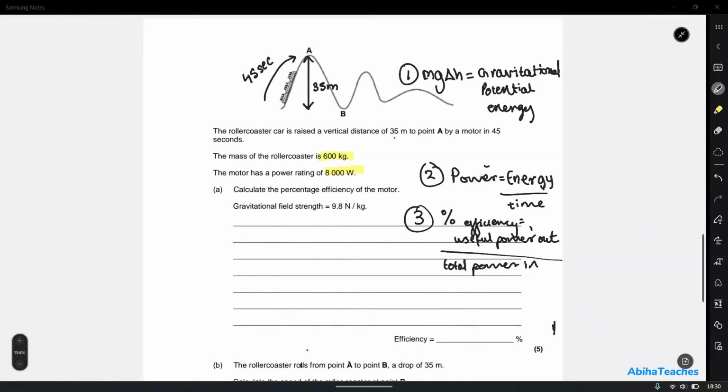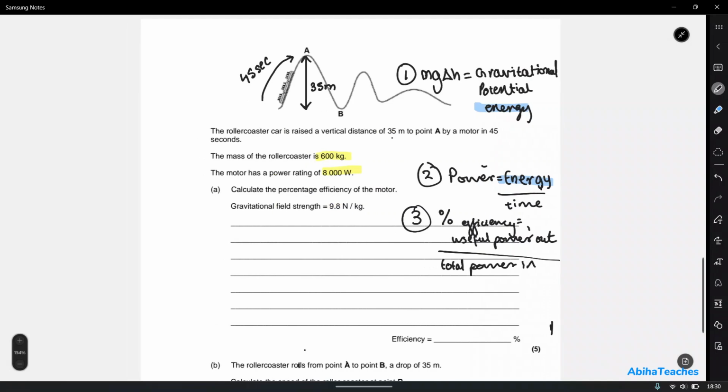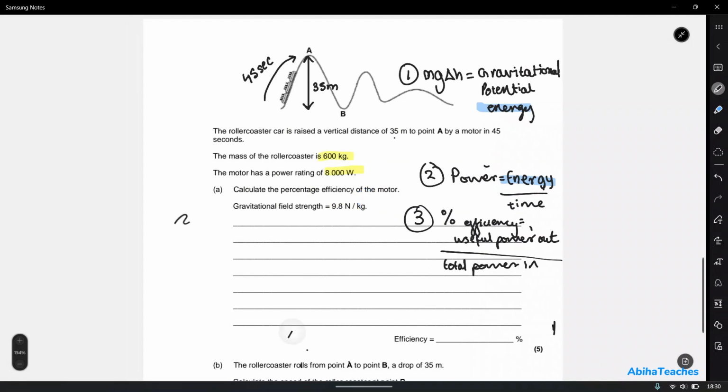In order to do this question, we need to work out the gravitational potential energy. Once we have worked out the gravitational potential energy, we will use this energy and substitute it in our power formula. And once we do that, we will work out the power and use the power to work out the percentage efficiency. So let's start off. To work out the actual gravitational potential energy, we need to use the formula mg multiplied by h.